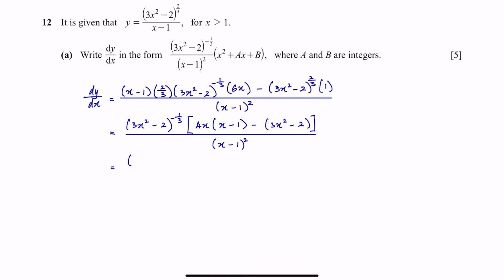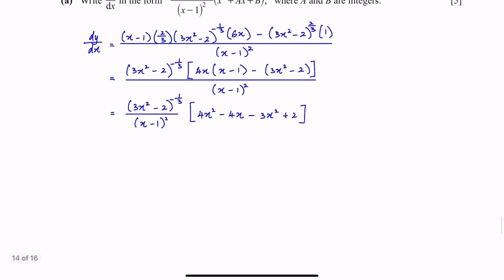So we have (3x squared minus 2) to the power of negative 1/3 over (x-1) squared times 4x squared minus 4x minus 3x squared plus 2.